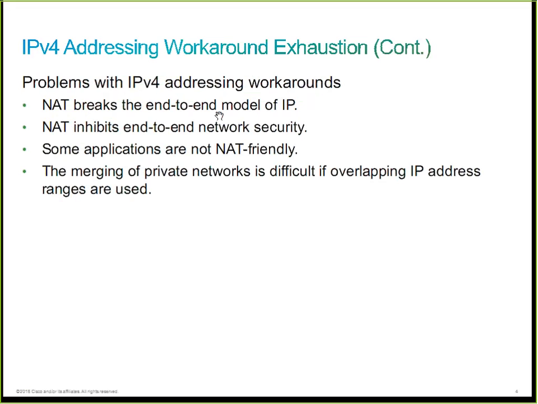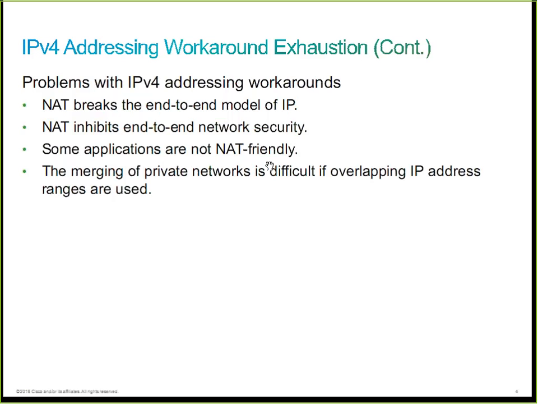In that case, the machines are not able to communicate with each other directly because there is NAT, so naturally the IP address gets changed. You cannot do direct private-to-private IP address communication. In general, it also breaks end-to-end network security. If you're talking about VPN connectivity, VPN does not work along with NAT, right? So that is one of the applications which is not NAT friendly.